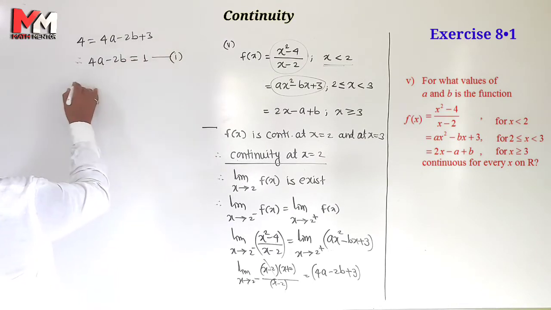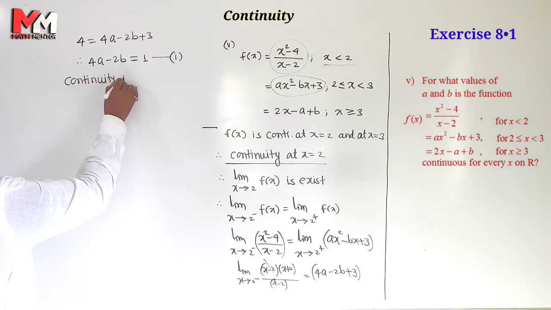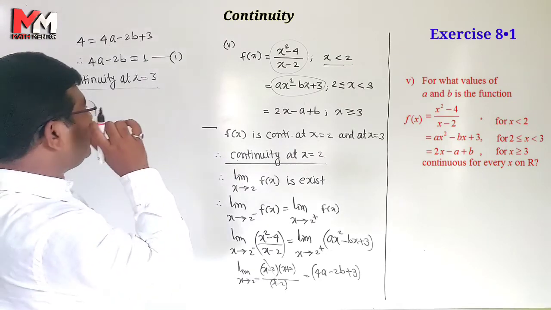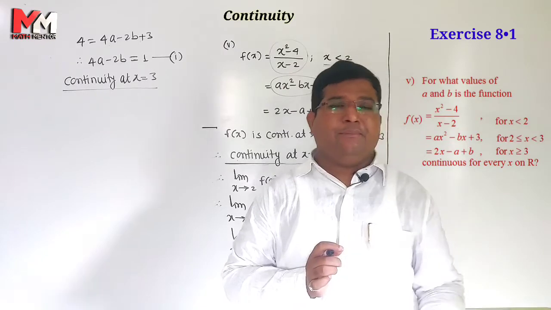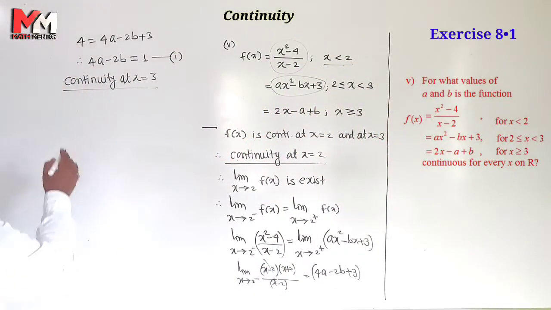Equation first. So second, continuity at x is equal to 3. So this example is exactly similar to last example, previous example, example number 4. वही प्रोसीजर है. अब सेम करेंगे यहाँ पर.